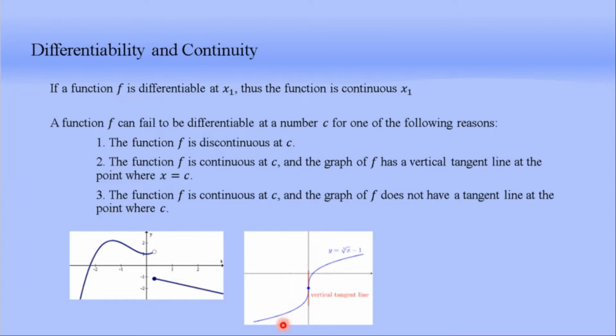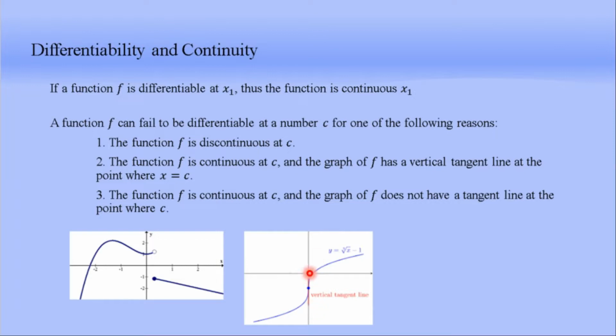And we cannot find the tangent line, because the tangent line in this graph is at the point in the middle. So there is no tangent line in this case.